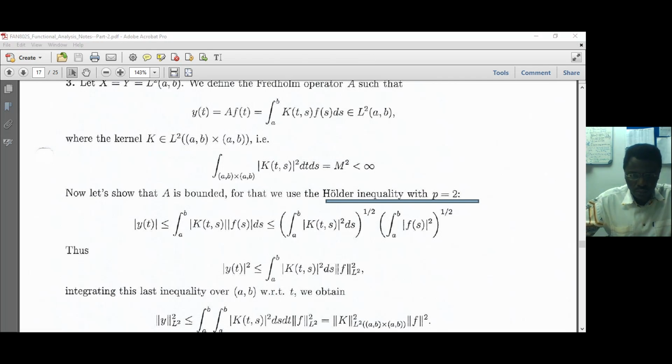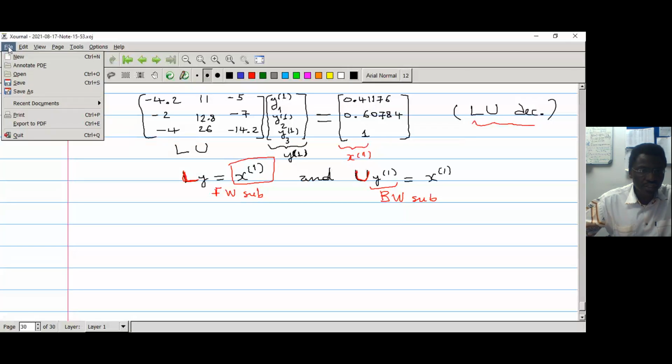Let me open a new window. I will change this.